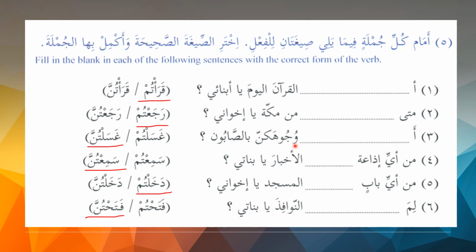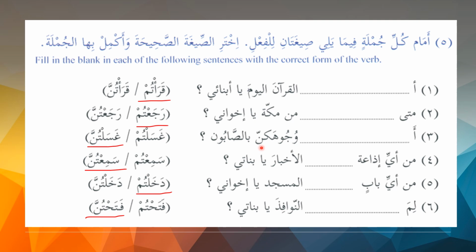A dash wujuhakunna bis sabun. Wujuhakunna, kunna for the feminine plural: ghasaltum or ghasaltunna? It will be ghasaltunna. أغسلتن وجوهكن بالصابون means do you wash your faces with the soap? And wujuhakunna, why is kunna used here?